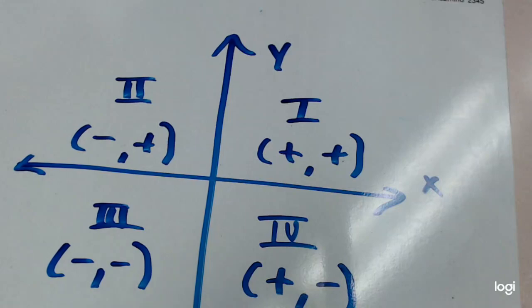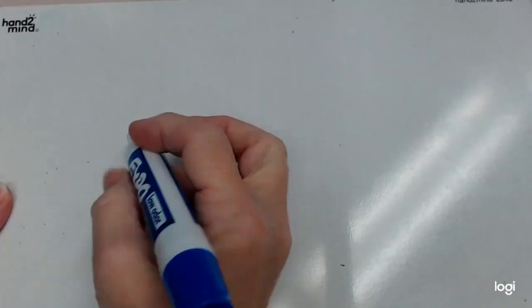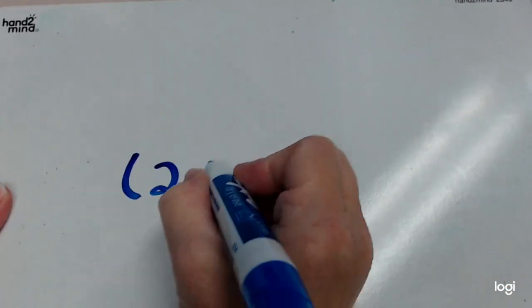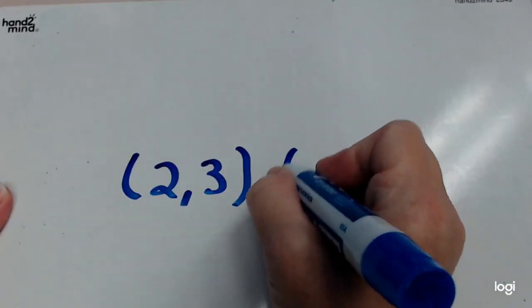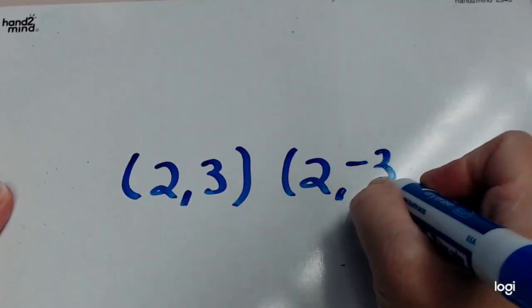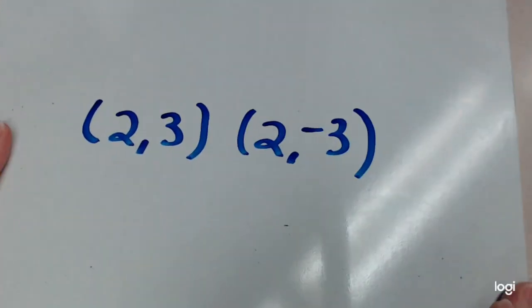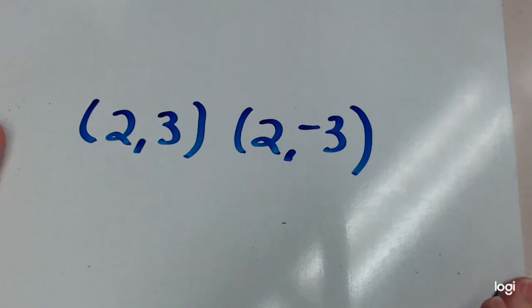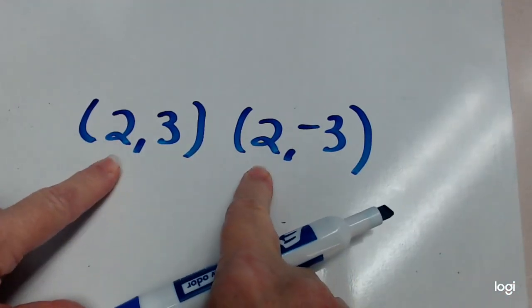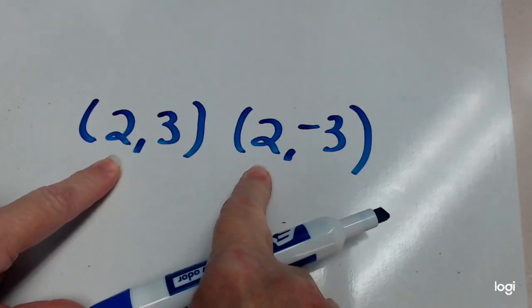All right, so the next thing I want to remind you or show you is if I would give you 2 ordered pairs, (2, 3) and (2, negative 3). Okay, we did something like this yesterday. If you notice, what do these have in common? They both have a 2 in what we would call the x-coordinate.